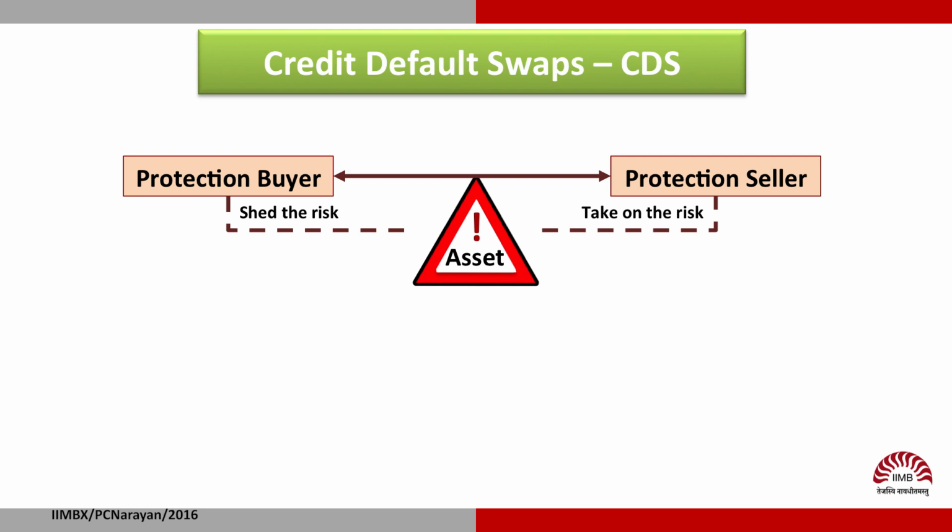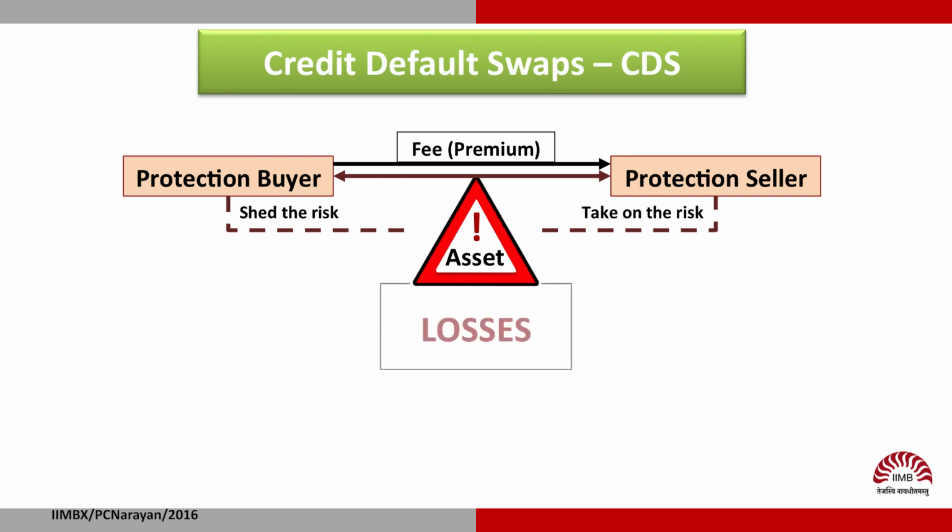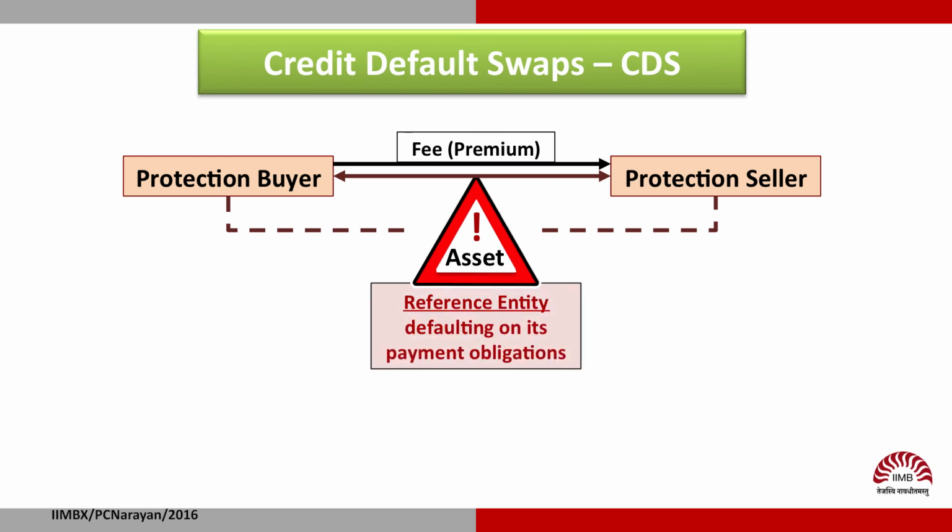The protection buyer therefore pays a premium or a fee to the protection seller to protect himself against losses that may be incurred in the future due to the reference entity, that is the entity who is likely to default, actually defaulting on its obligations, which is referred to as a credit event.